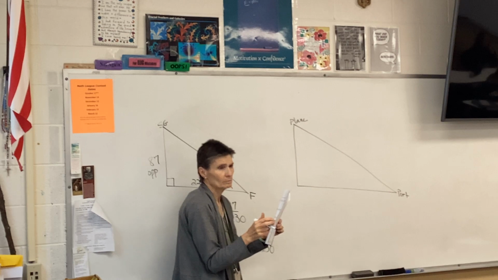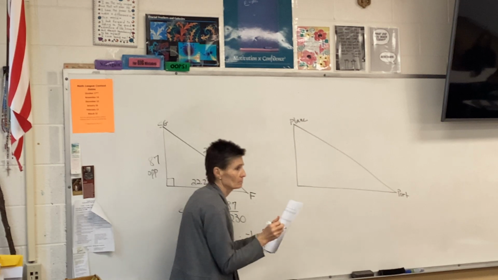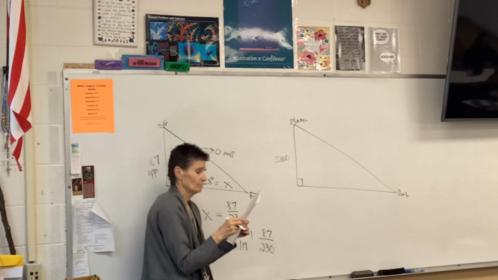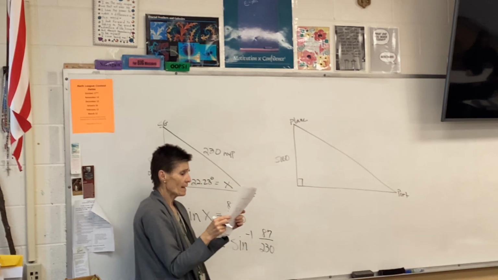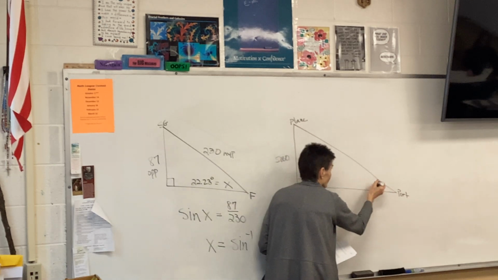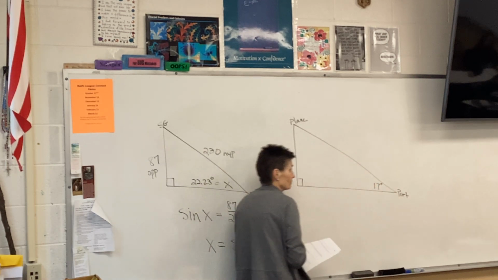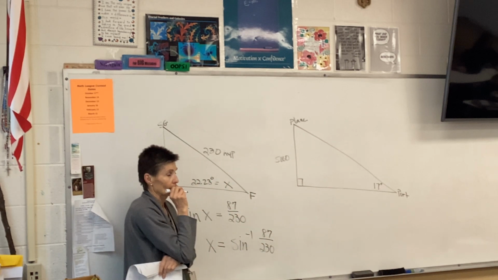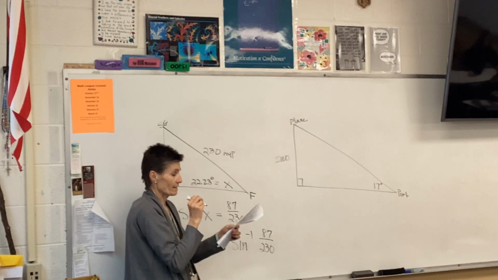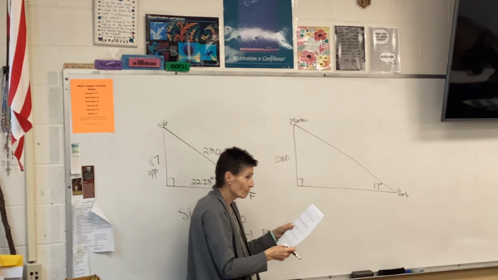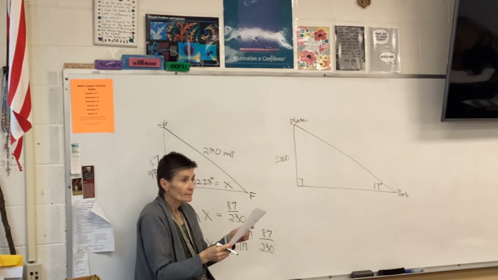Where does that go? Here, right? And the angle of depression is 17 degrees. Where's the x go? How far is the plane from the port? Hypotenuse.